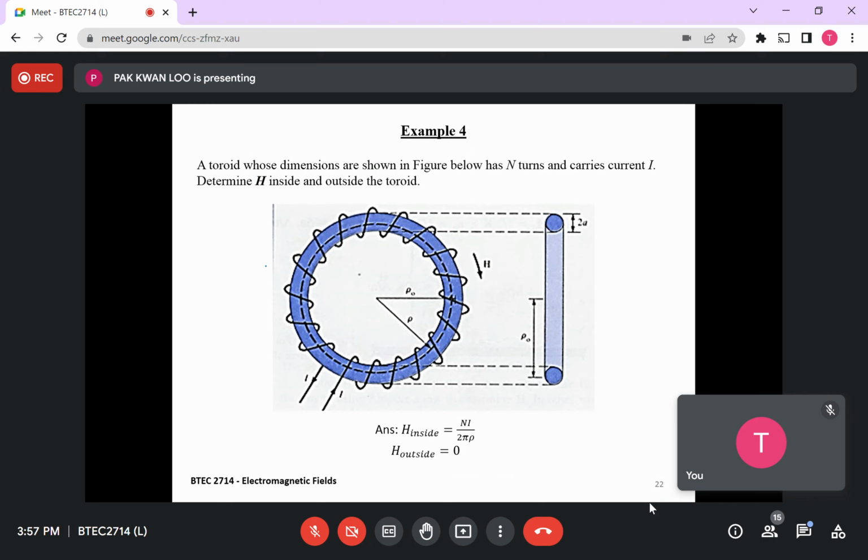So the dotted lines shown in the diagram represent the Amperian path, right? Imagine now the current is coming from here. This is the current direction.